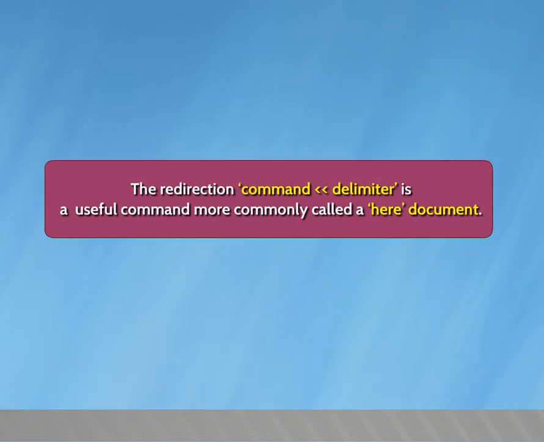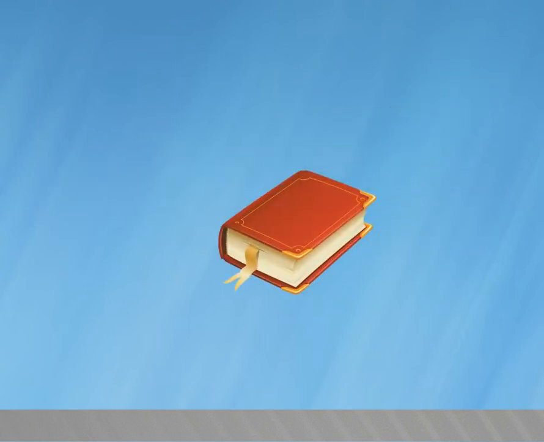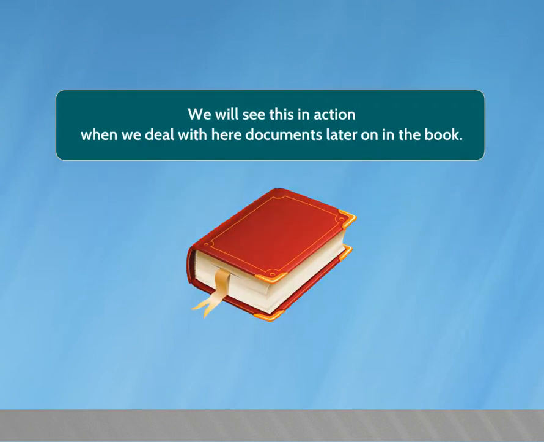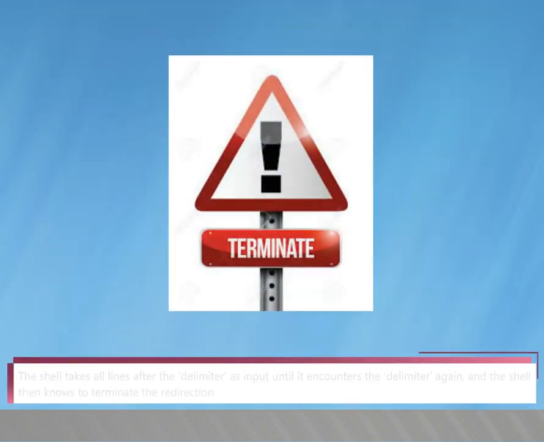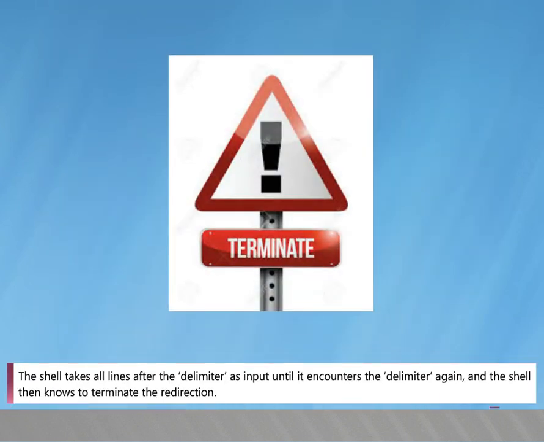The redirection command delimiter is a useful command, more commonly called a here document. We will see this in action when we deal with here documents later on in the book. But for now, this is how it works. The shell takes all lines after the delimiter as input until it encounters the delimiter again, and the shell then knows to terminate the redirection.